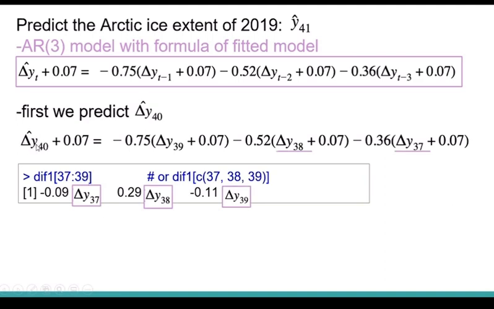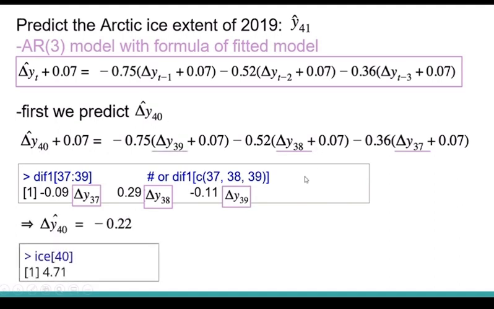When I get data y40, I still need the prediction for 41, because before I can get the prediction for 41, I need to first use this model to get data y40. So when I plug all this in now, I'm going to get data y40.